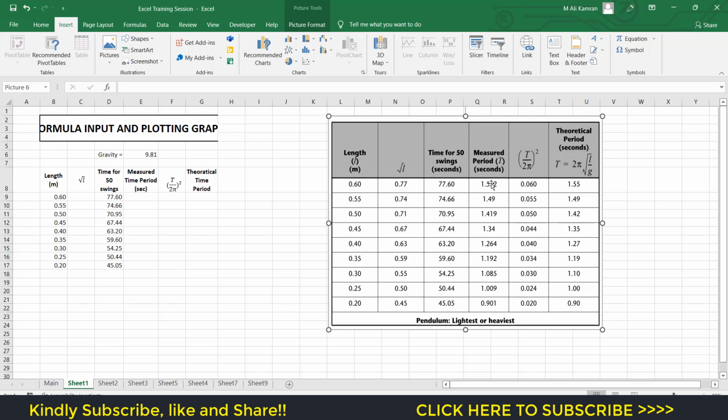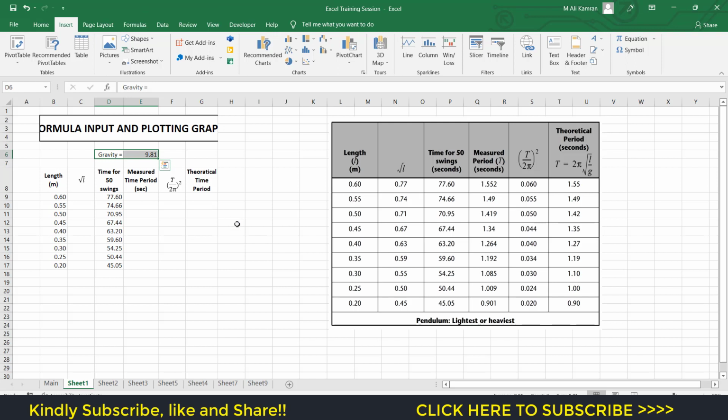For every data point, for every mean time period, we will find this value. And at the end, we will find the theoretical time period, since from physics we know that the time period for a simple pendulum is always equal to 2 pi square root of L divided by g. So now the task in this experiment is to find the acceleration due to gravity.